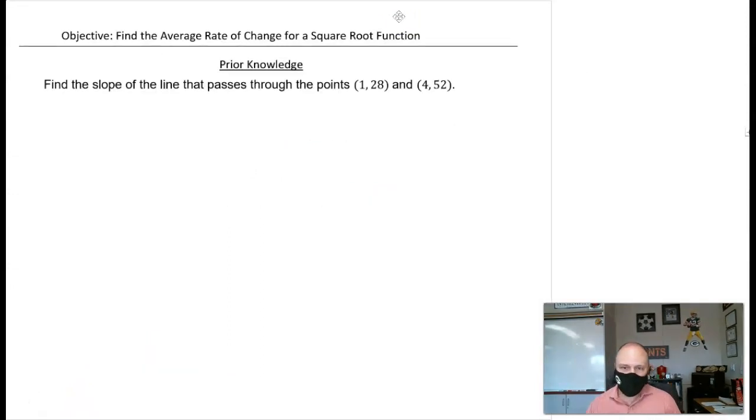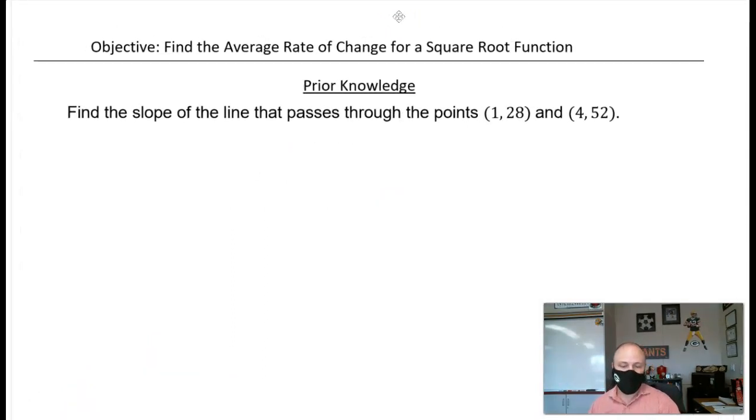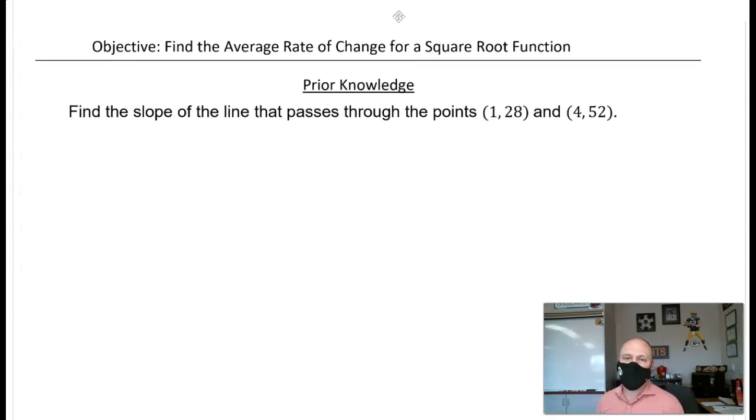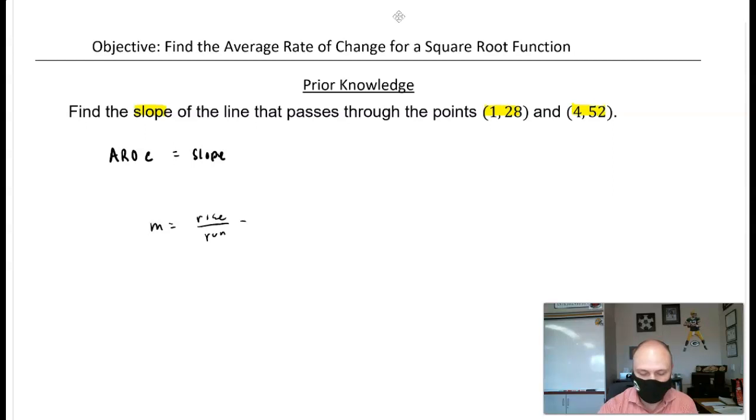First thing I want to focus on is refreshing your memory on what average rate of change is. Average rate of change is also known as slope. What is the slope between two specific points? If I'm asked to find the slope of a line that passes through 2 points, I can calculate, okay, what's the rise divided by the run?